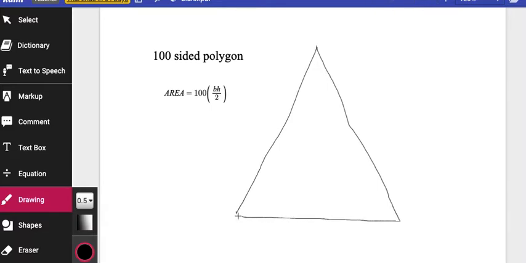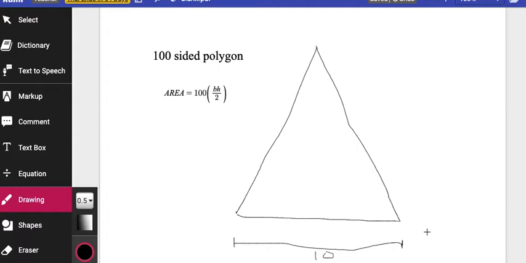And I haven't said what I'm given. I'm going to say that I am given the base of this triangle. So the base of the triangle is going to be 10. Or I should say the side length of the polygon would be 10 units.